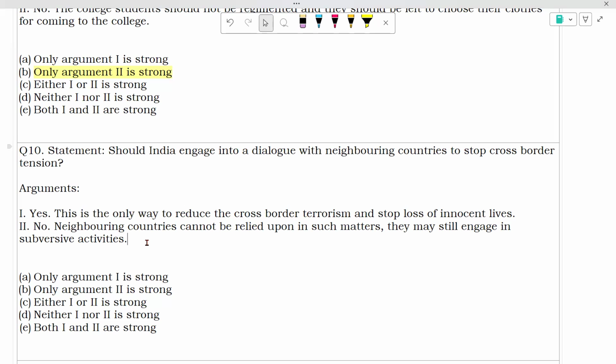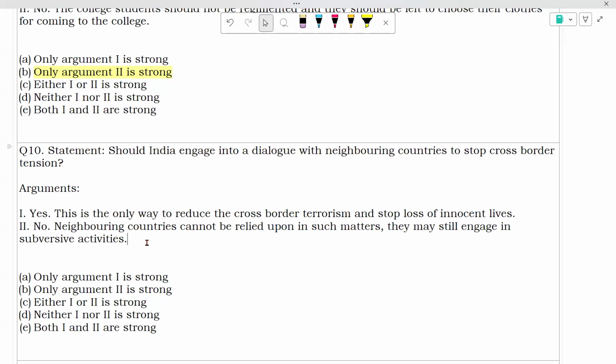Now, if the argument given here was, no, neighboring countries cannot be relied upon in such matters, they may still engage in subversive activities, the word "may" is there.